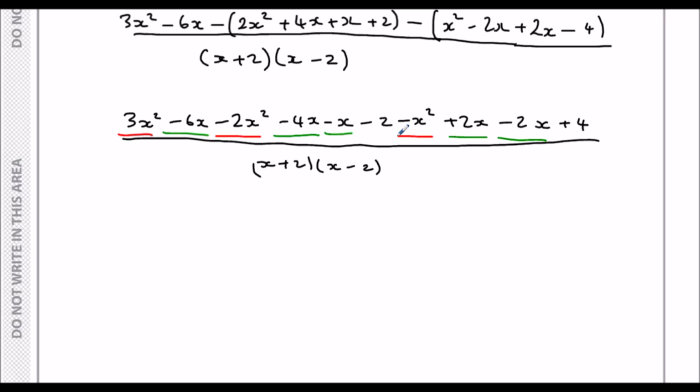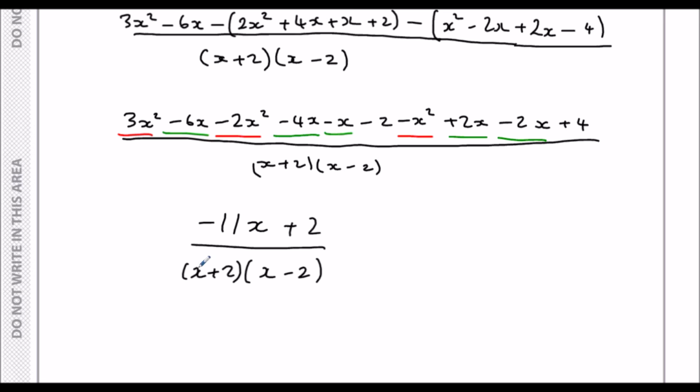So I've got minus 11 x's. And I've got minus 2 plus 4, which is plus 2, over x plus 2 times x minus 2.